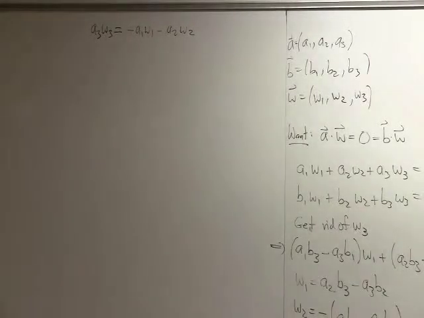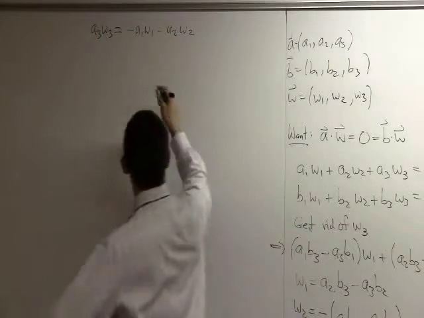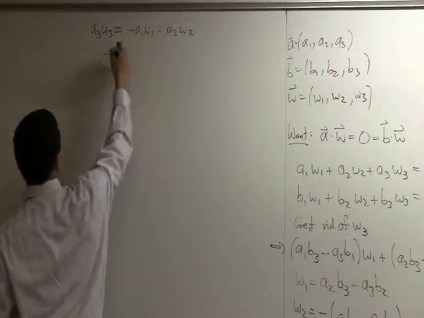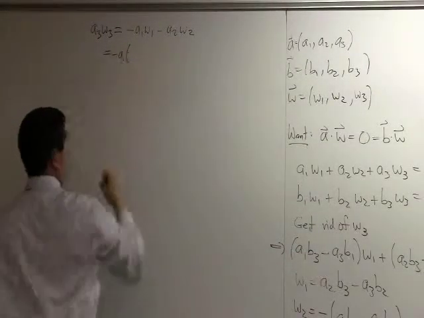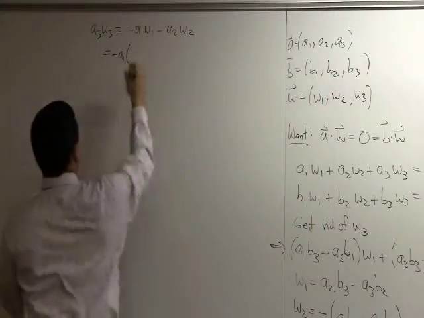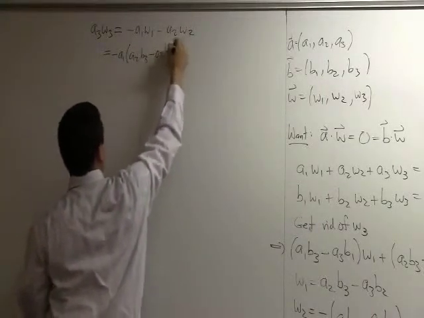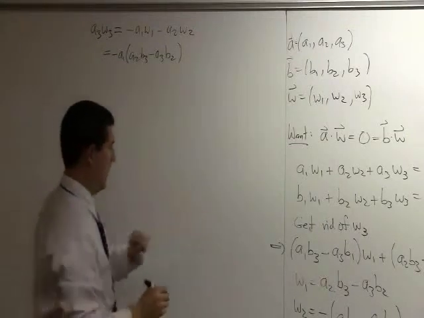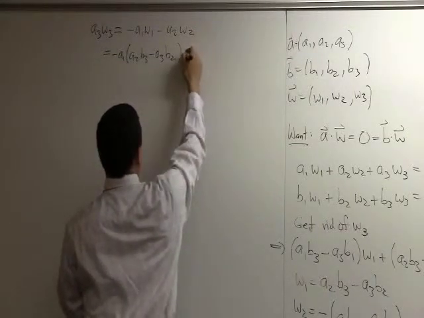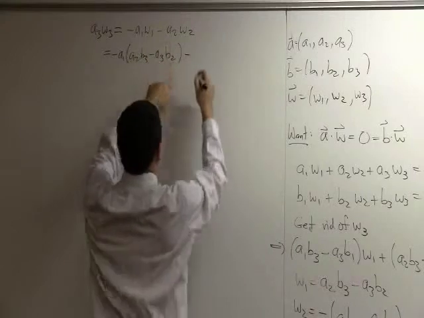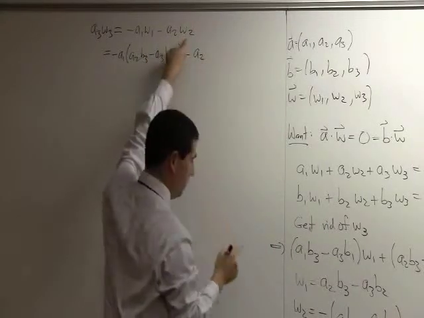But I know what W1 and W2 are, so I can plug those into the formula. Okay, so this is negative A1 W1, which is A2B3 minus A3B2, minus A2 W2.